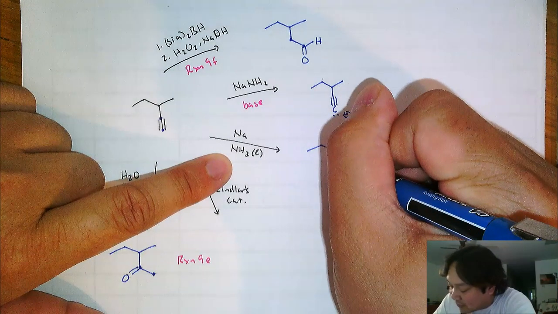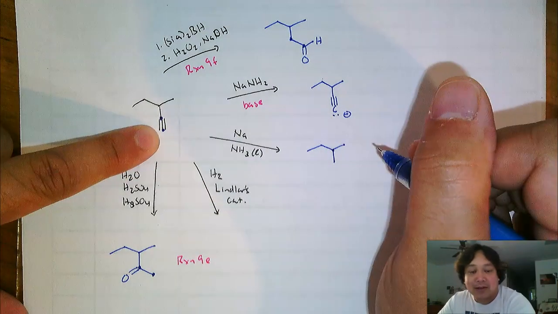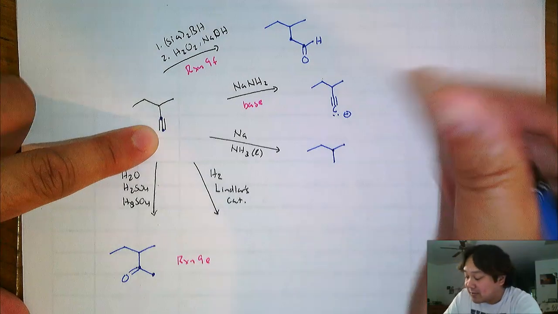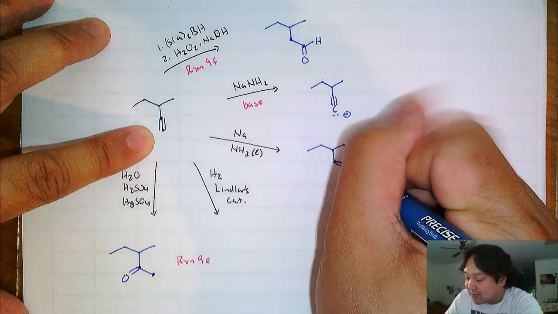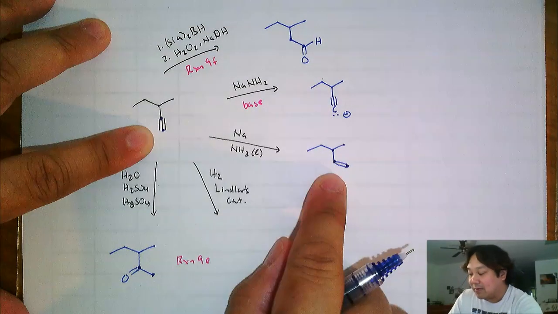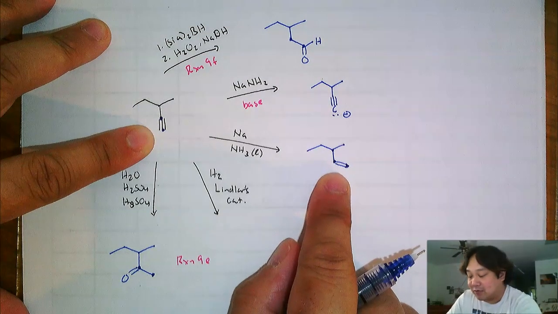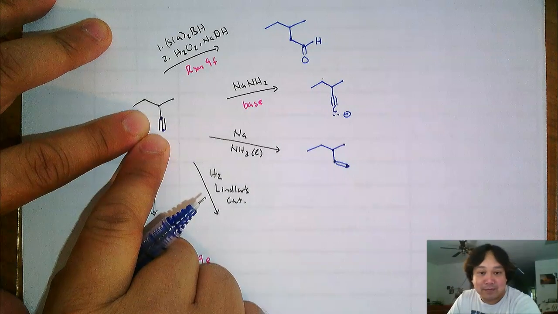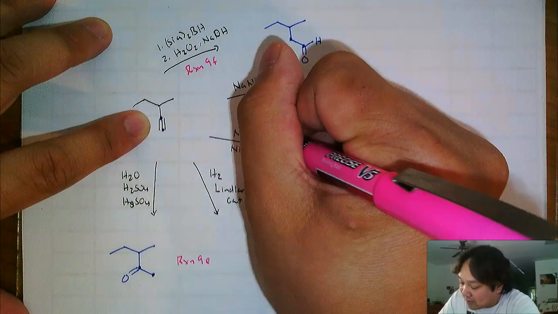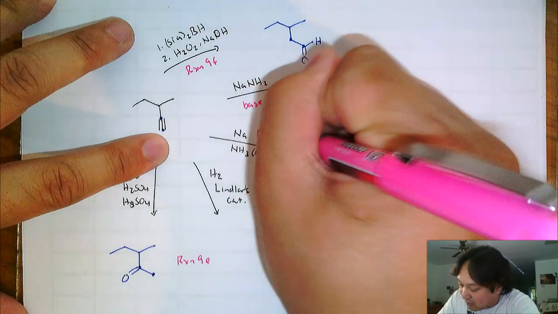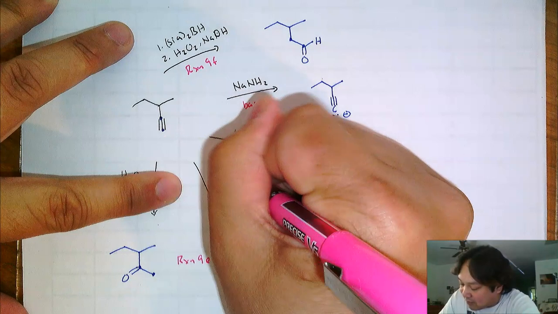The triple bond here doesn't have a group at the end, so there will be no cis or trans. It's just a plain alkene, no cis and trans. And the double bond now, again, is between the 2 dots, just like the triple bond was between the 2 dots. This was reaction 9I. And this Lindlar's is reaction 9H.